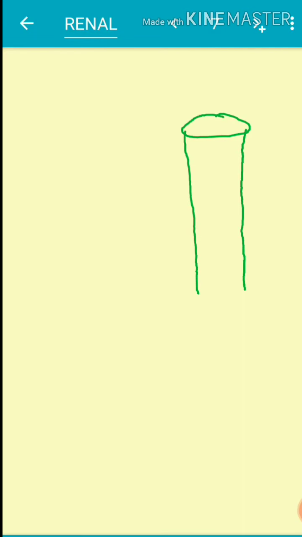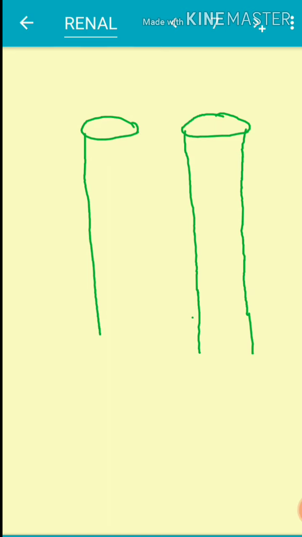Another point I would like to say is that if I'm drawing over here a descending loop of Henle, and over here, all of us know that it is the Vasa recta.